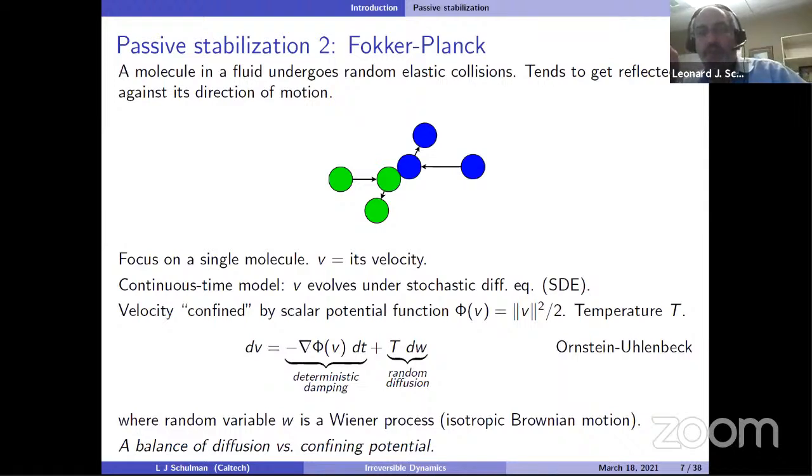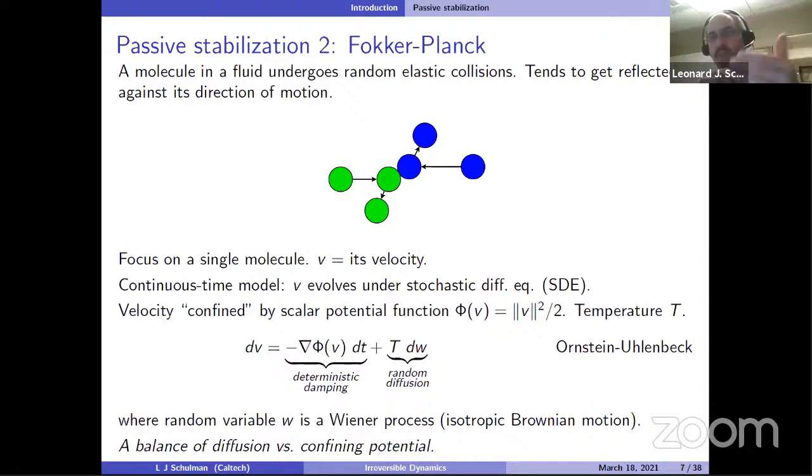You have a molecule in a fluid, and it undergoes these random collisions. Okay. Now, the fluid is just sitting there, and your particle is moving around. And if it has some velocity, it tends to get reflected more often against that velocity than with it.